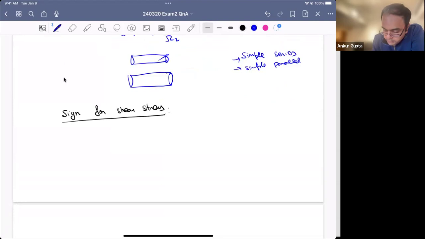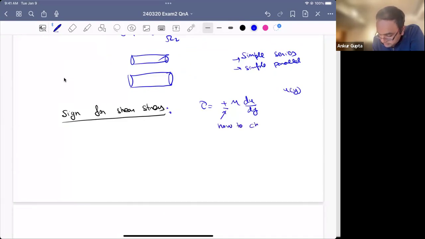As I said before, for this course, you can use tau equals mu du by dy when u is only a function of y. There's a plus and minus, so how to choose the sign?